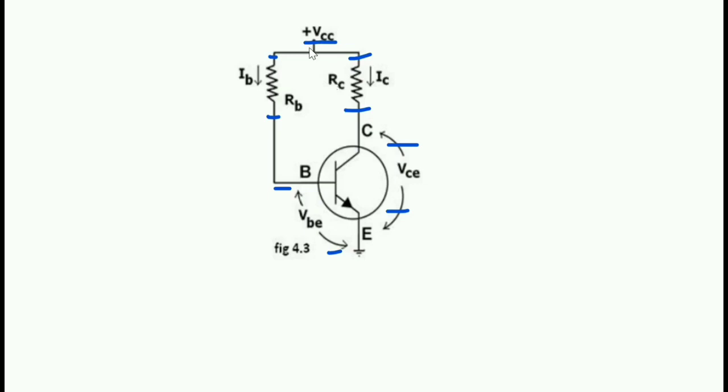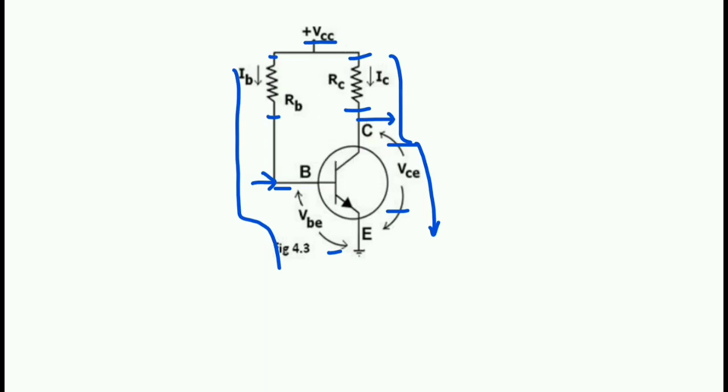This is the power supply, a single source power supply. This is the input side loop, and this is the output side loop. At the base we give the input and at the collector we take the output. Likewise this circuit is designed.